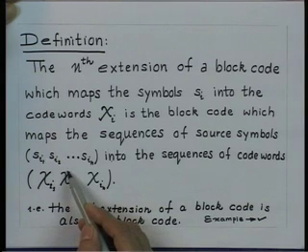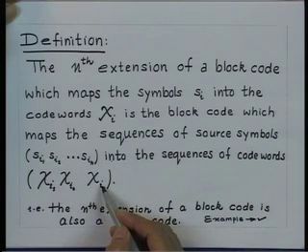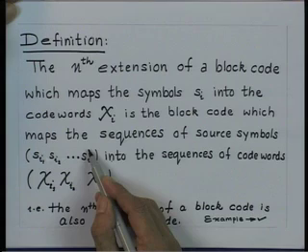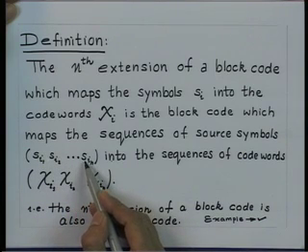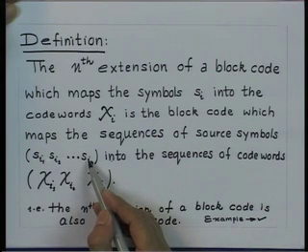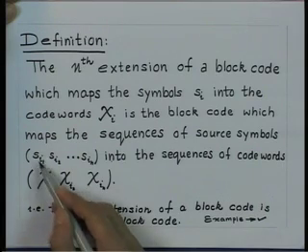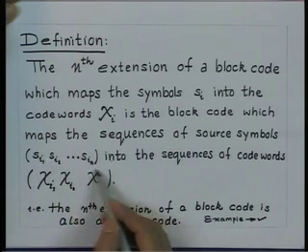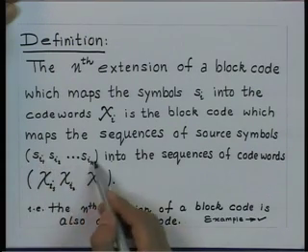Similarly, Xi2 is the corresponding code word for Si2, and finally Xin is the corresponding code word for the symbol Sin. So, you form the sequences of source symbols of length n, then to get the sequence of code symbols you just concatenate the corresponding code words.